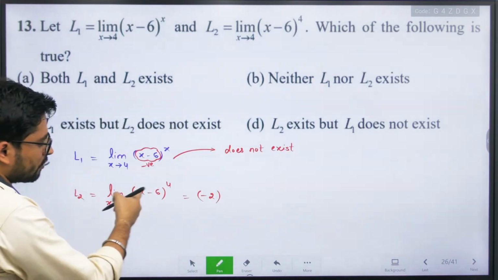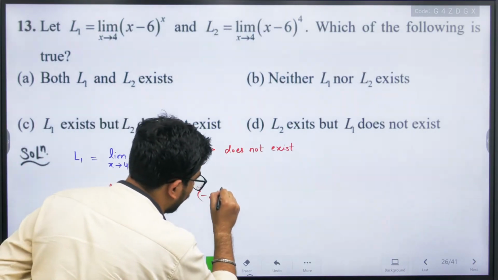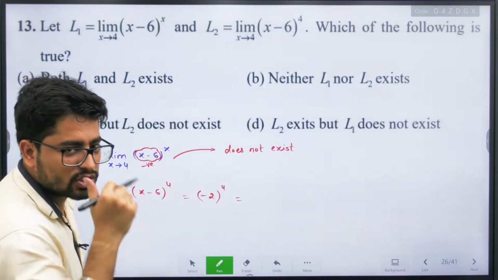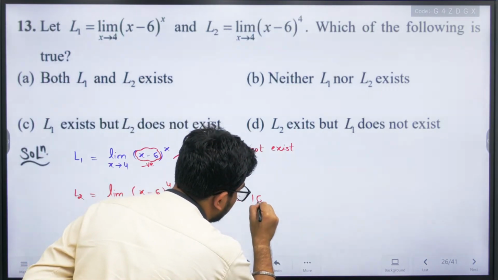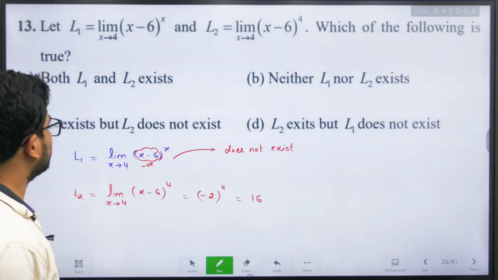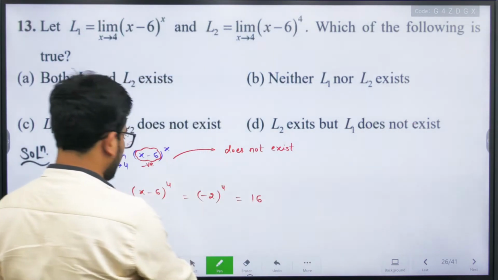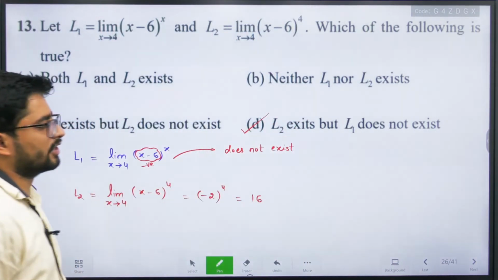So minus 2 to the power 4 is minus 2 into minus 2 into minus 2 into minus 2, so that is plus 16. So the limit exists here. So, sir, L1 does not exist, but L2 exists. So option D is the correct option.